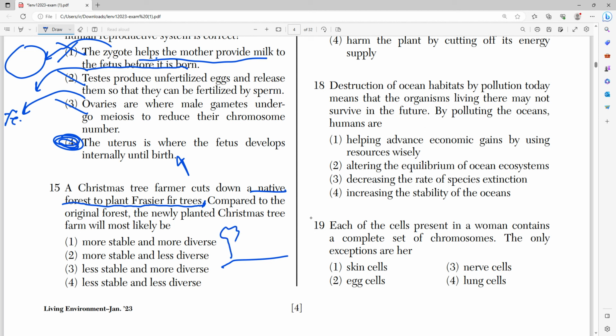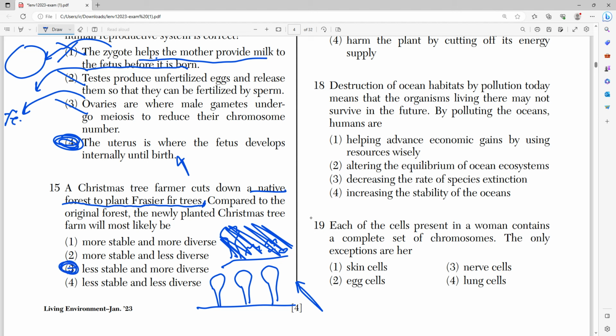You're not only just going to have trees, you're going to have bushes, you can have little tiny animals living there. You can have bugs, you know, a forest is a very diverse area. If you cut all this down into a lot and only grow the same type of trees, it's going to be way less diverse.